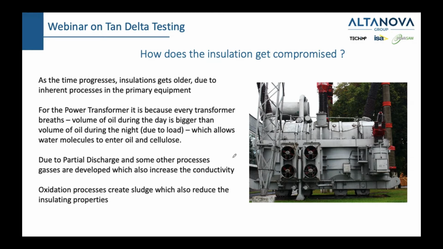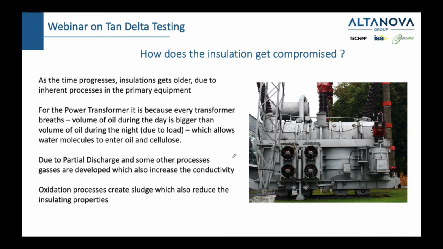You know that you need to change that breather when it changes color, sometimes from blue to white, sometimes there are some other colors. But the point is that even though you have the breather, it is not perfect. Like an ideal transformer, it doesn't exist. There will always be some water molecules which enter the transformer.